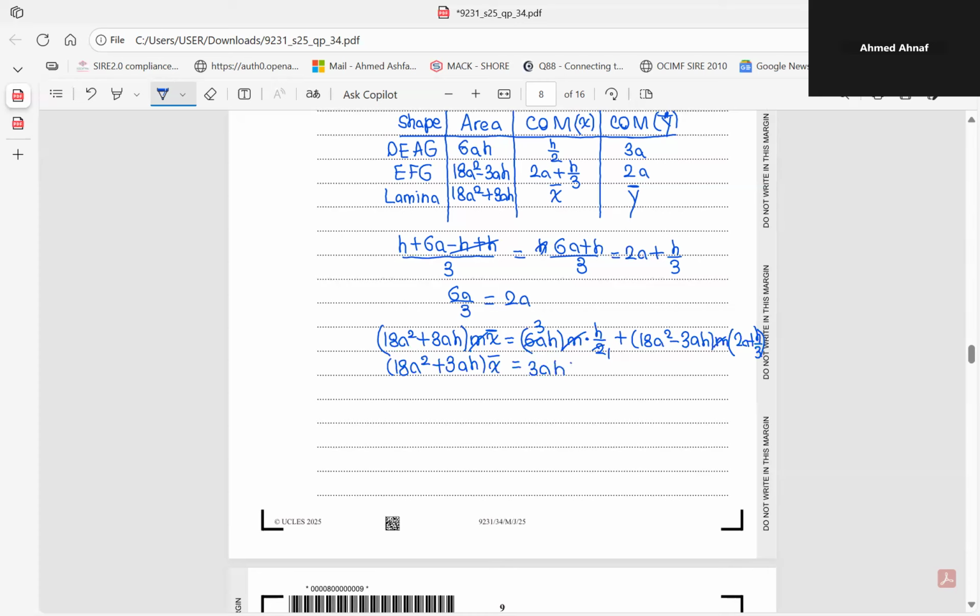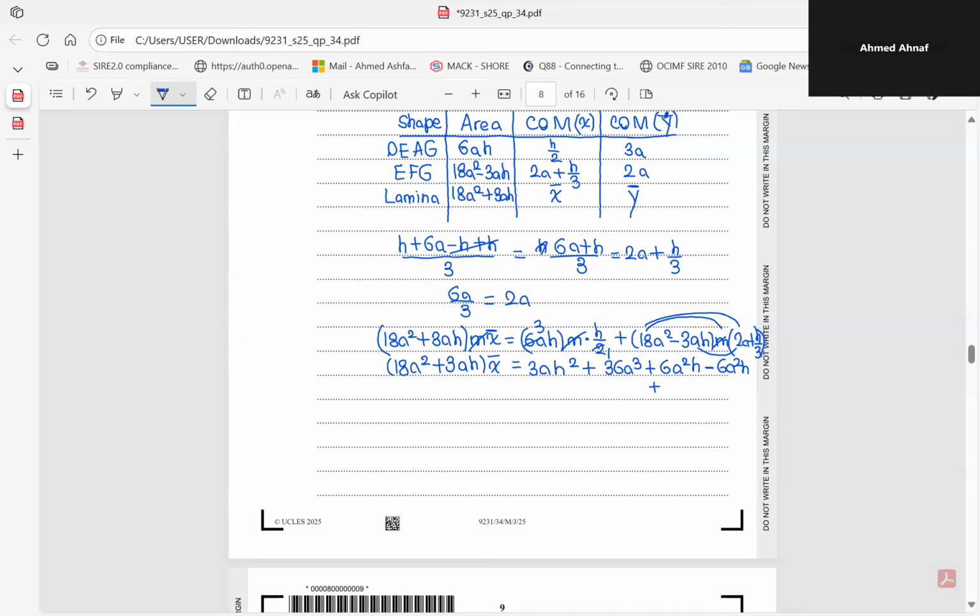So this becomes 3AH squared plus, okay, 18A squared times 2A, that is 36A cubed, and 18A squared times H over 3, you will get 6A squared H, minus 3AH times 2A, you will get minus 6A squared H. Oh, there's not enough space.